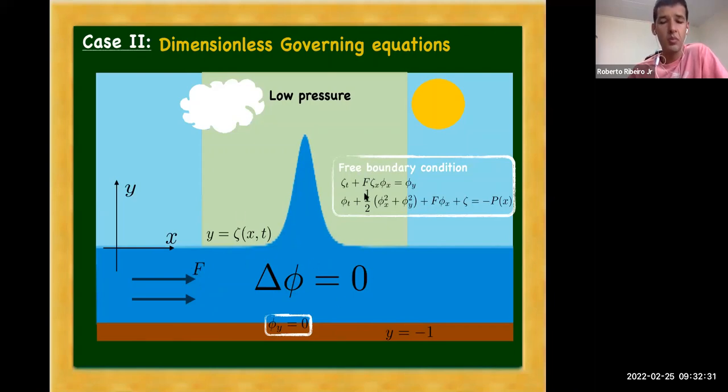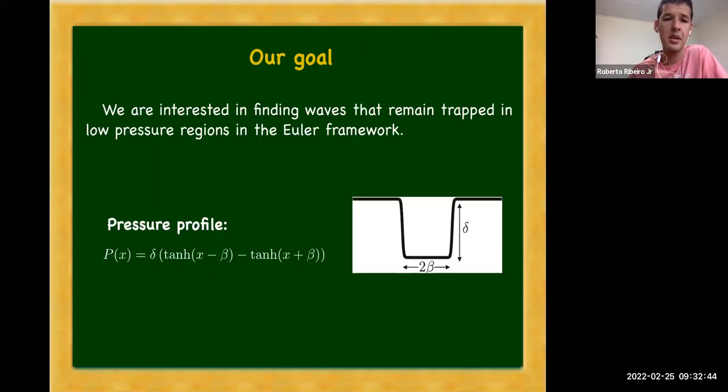So in this part of the problem, we consider the full Euler equations and solve this problem. It's hard. I'm not explaining here the numerical method used. I will just show two simulations for this case. Basically, we consider the pressure as shown here, so on the free surface there is some area of lower pressure.